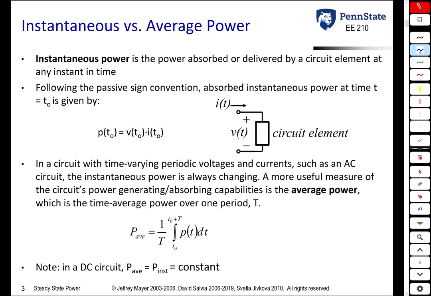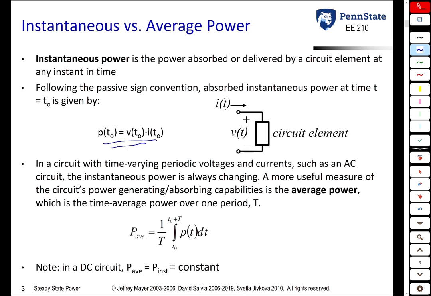Instantaneous power is simply the power absorbed or delivered by a circuit element at any instant in time. This is a power equation we've used before. The instantaneous power at time t0 is the voltage across the component at time t0 times the current into the plus terminal of the component at that time t0.